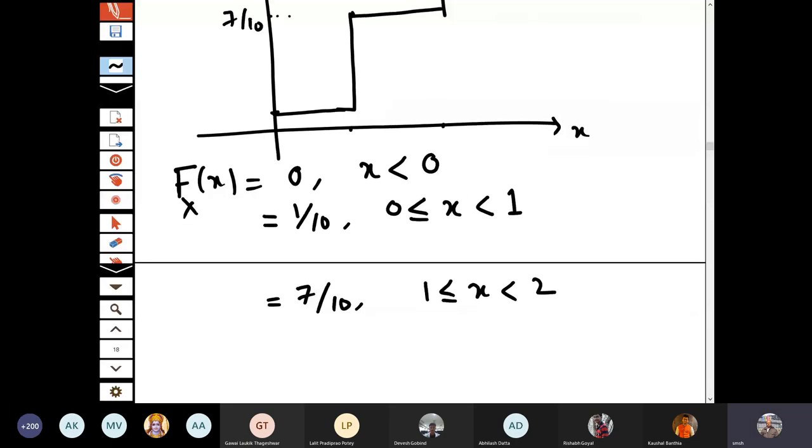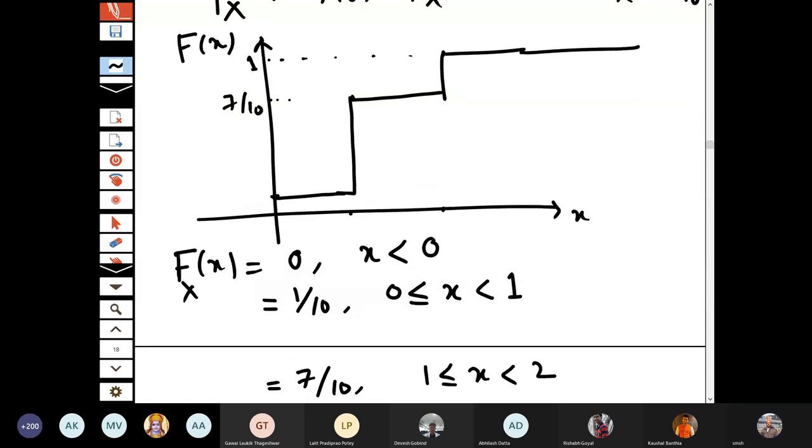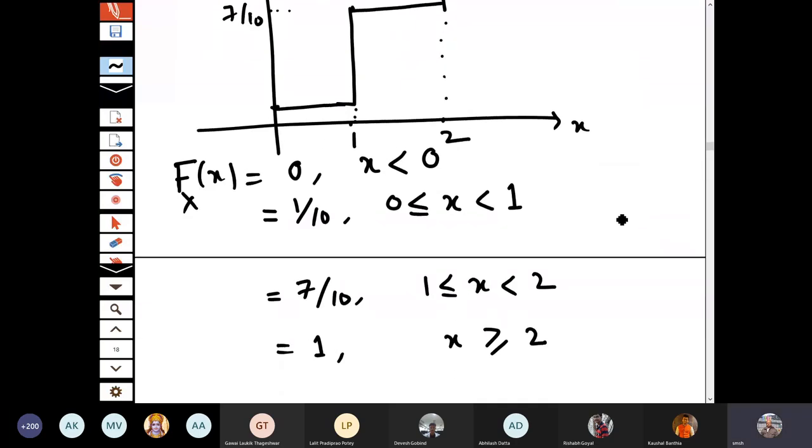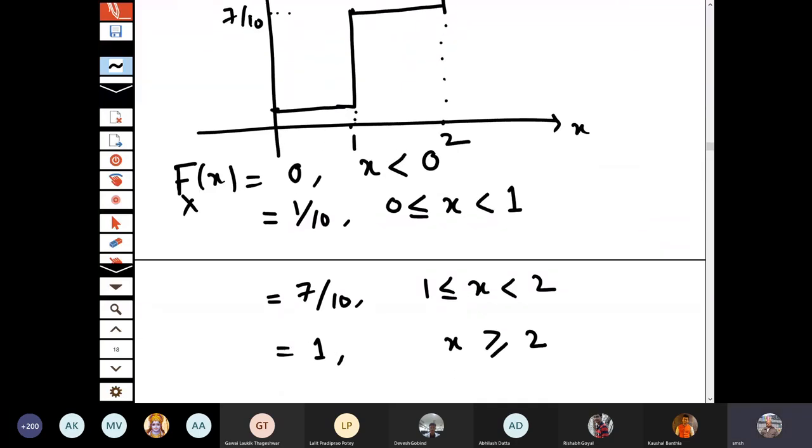And it is equal to 1 for x greater than or equal to 2. Is this exercise clear to you?